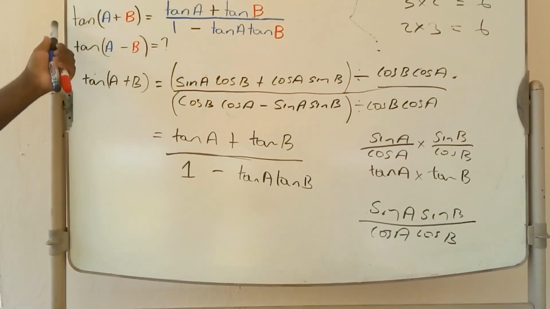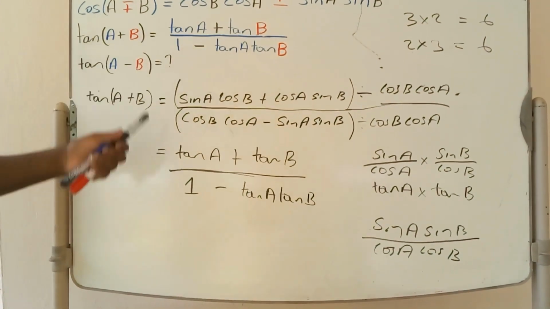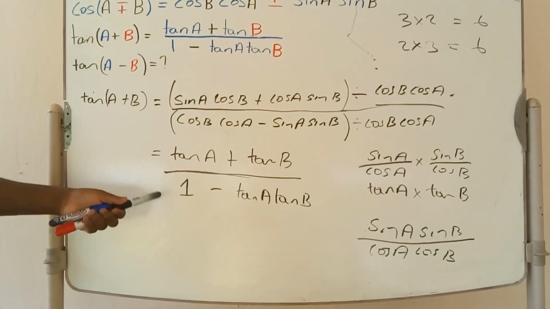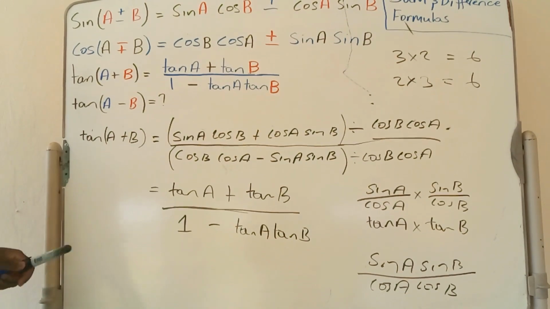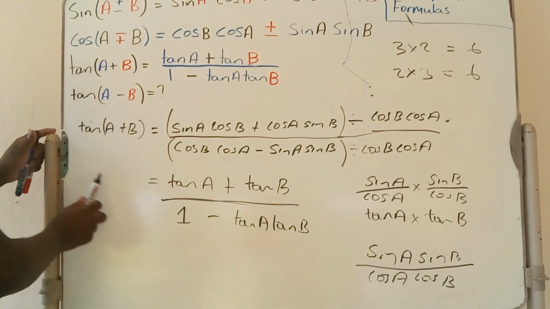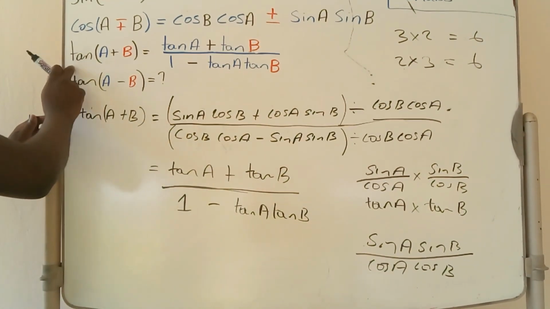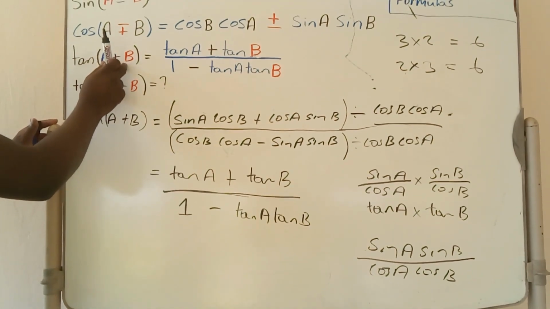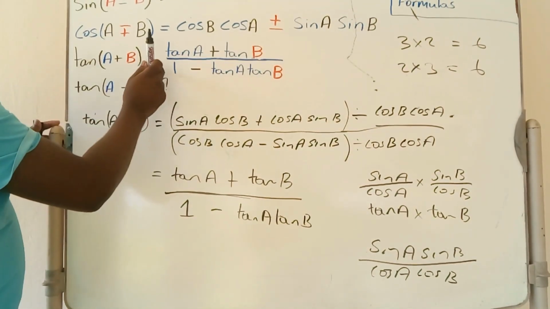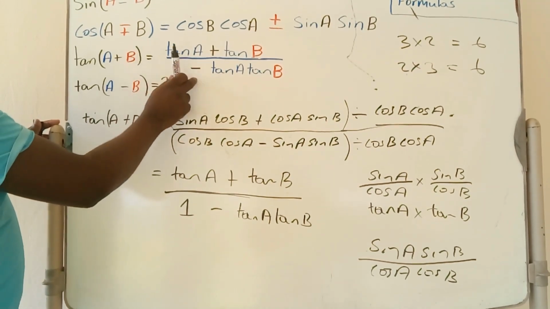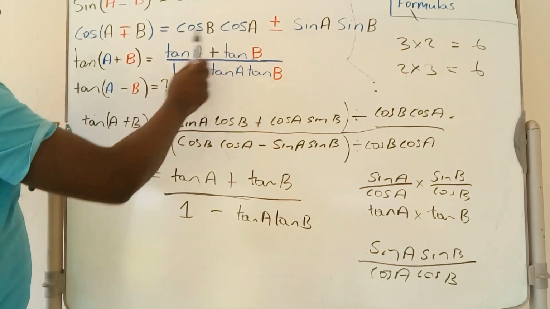They ask us to prove this, but I have done so. So that's a technique that you would use to prove the identity. Therefore, we know that tan of A plus B is equal to tan A plus tan B, all of that divided by 1 minus tan A tan B.